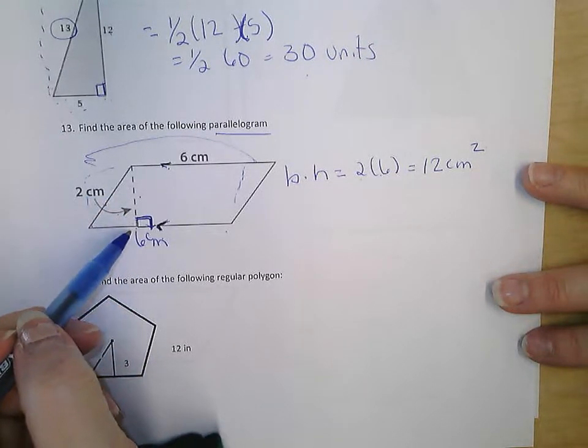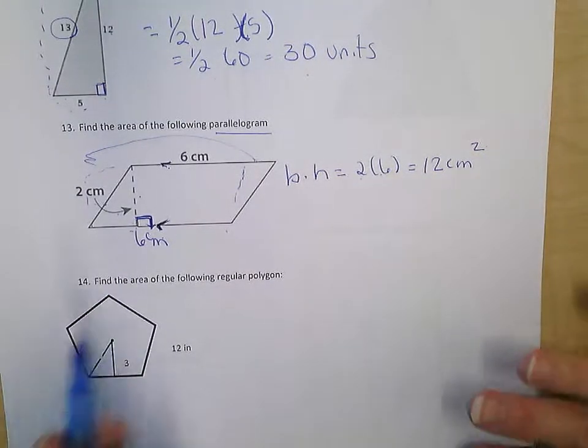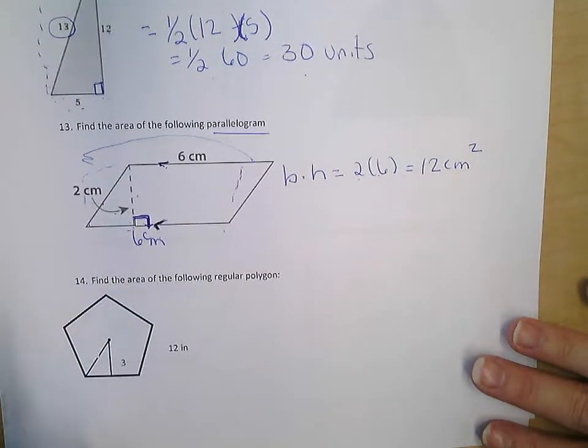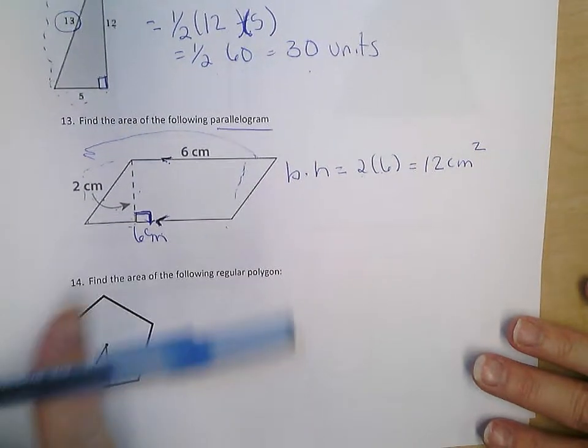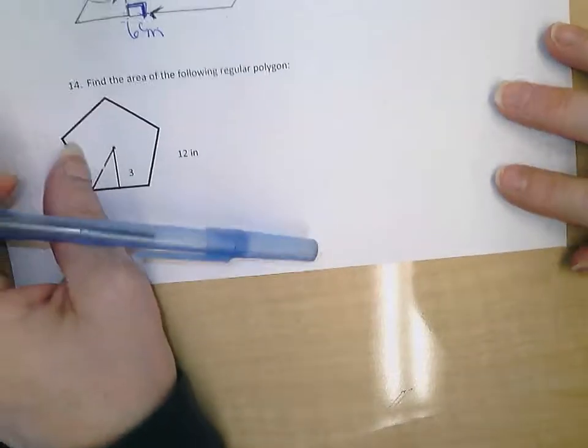Sometimes we can break those up into different sections and calculate them that way. But you got to be careful what you have in here to keep track of your information. Base times height, parallelogram.